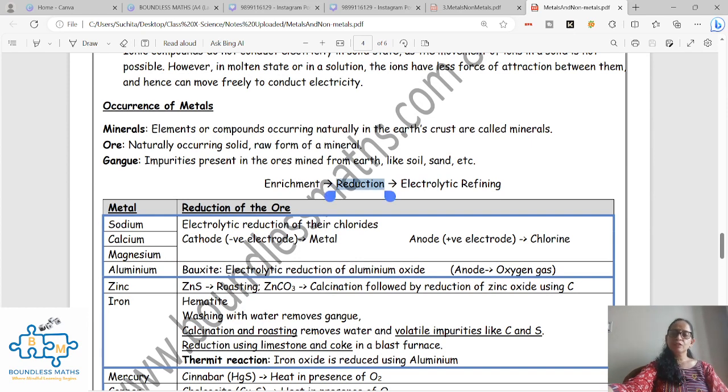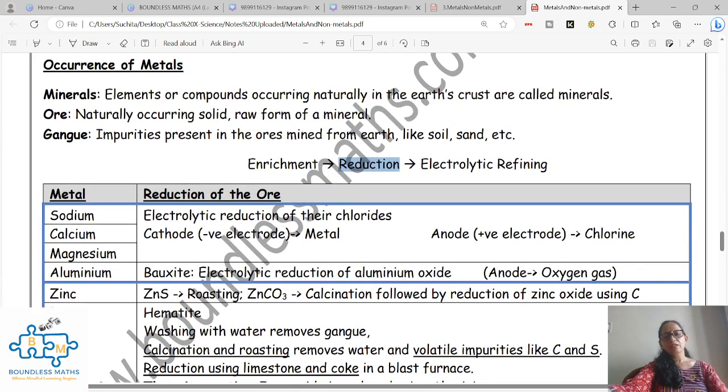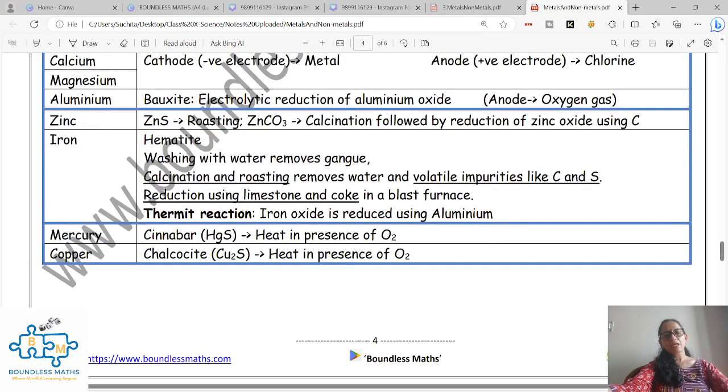Now what is electrolytic refining and why do we need it? We have already extracted the metals from their combined forms, chlorides, sulfides, oxides, carbonates, whatever. The metals at the top of the reactivity series have been reduced by electrolytic reduction, so they do not need any further refining. But the metals in the middle or the bottom of the reactivity series have been reduced using different processes like reduction with carbon or just by heating with oxygen.